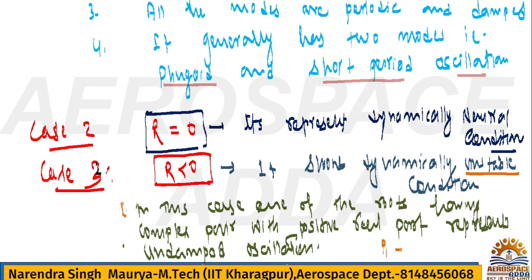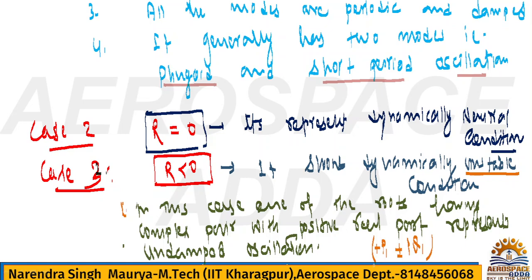Suppose this is p1 plus minus i p1. So at least one complex root we should have, and there the real part will be positive, and this positive real part represents undamped oscillation.